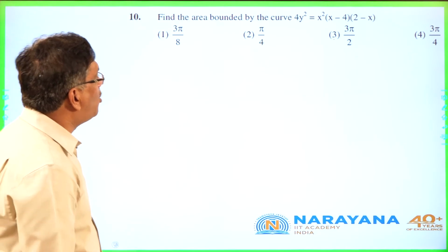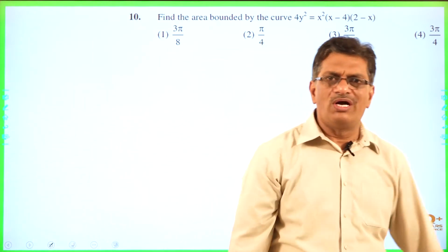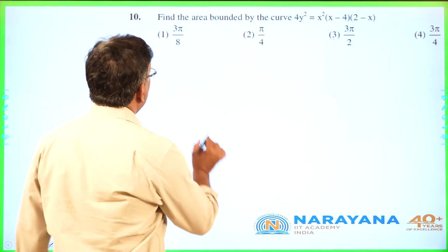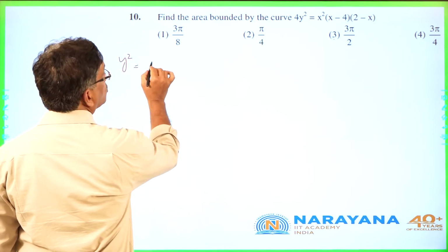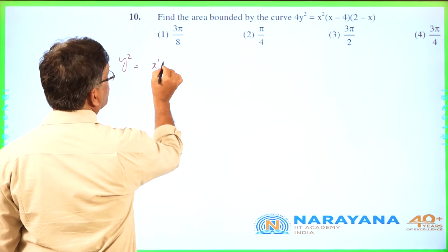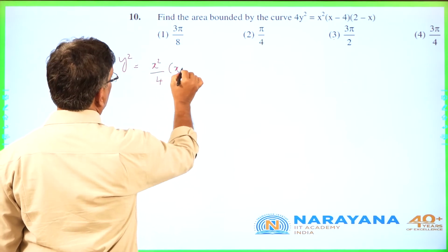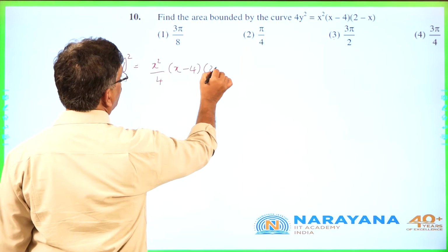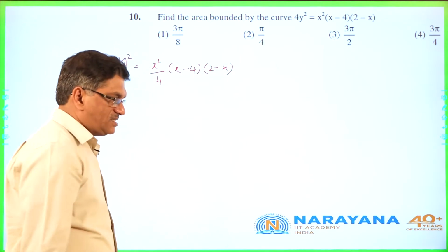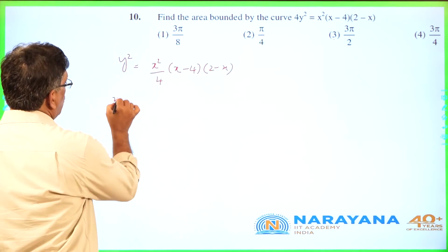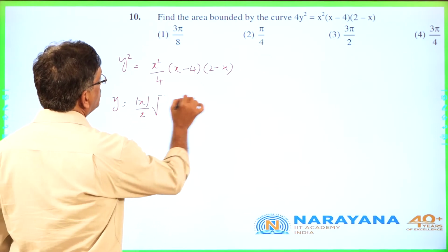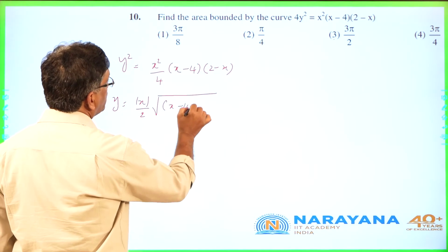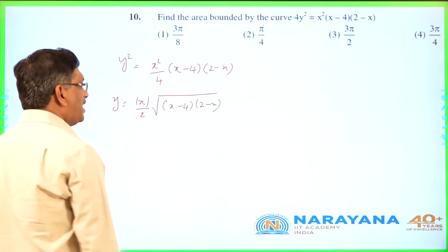Find the area bounded by 4y square is equal to so and so. So, y square is equal to x square by 4 into (x minus 4) into (2 minus x), right? So, y is equal to mod x by 2 into root of (x minus 4) into (2 minus x).